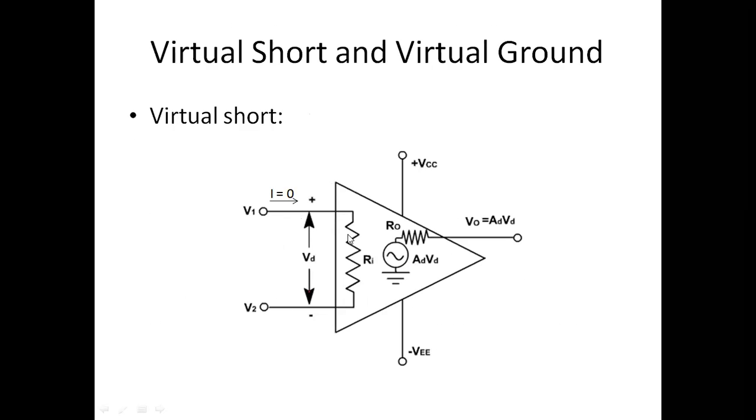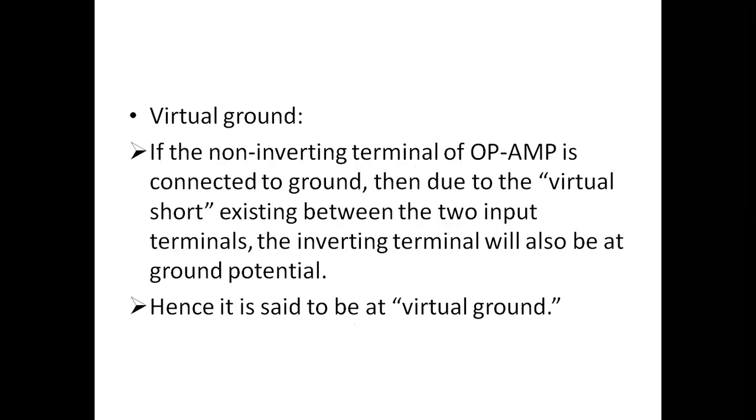We are shorting both input terminals, inverting and non-inverting, and we are grounding the positive terminal, the non-inverting. At that time, the negative terminal, the inverting terminal, will also behave as a ground terminal. This concept we are saying as a virtual ground, because the inverting terminal will also behave as a ground terminal.